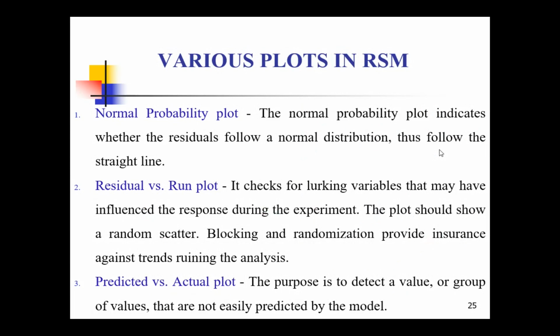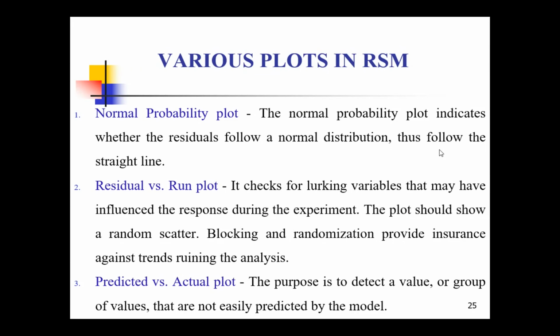So what are the various plots that are associated with RSM? The first one is the normal probability plot. The normal probability plot indicates whether the residuals follow a normal distribution or not, because in statistics we are more concerned about the normal distribution.